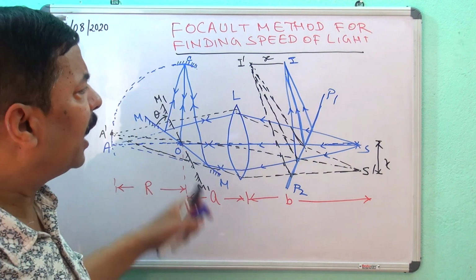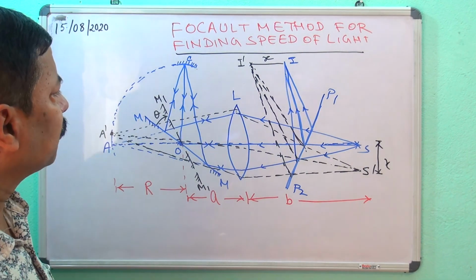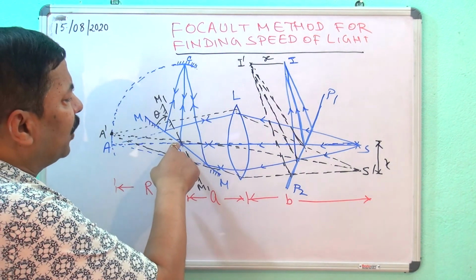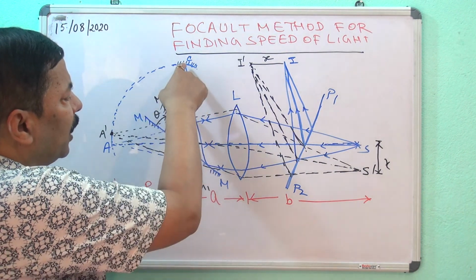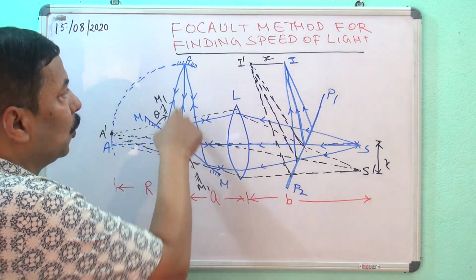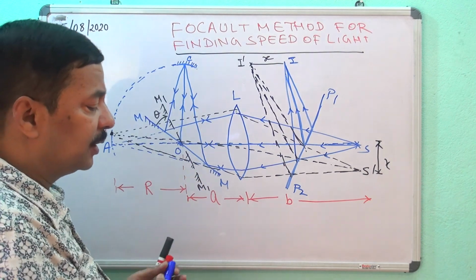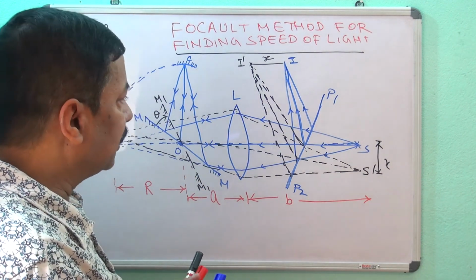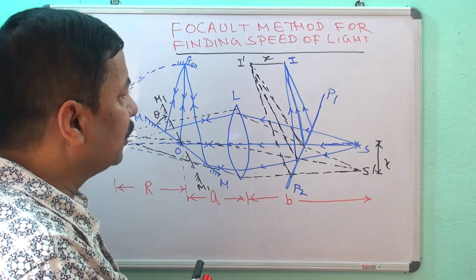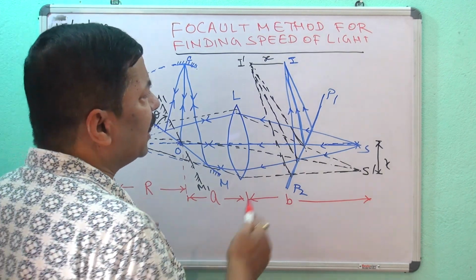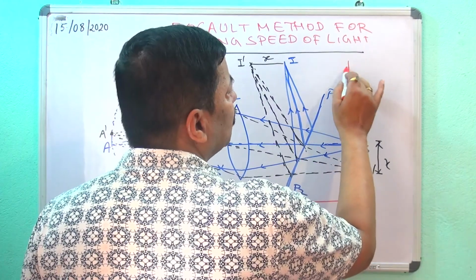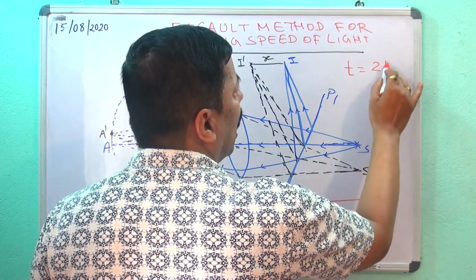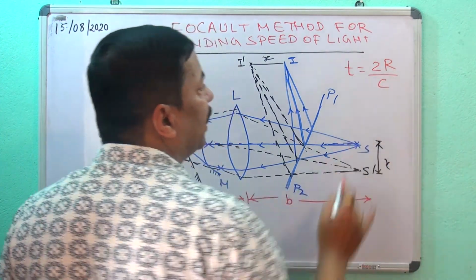Now here what I would like to tell you: the time taken by the light ray to go from O to C and back to O, if I calculate it, this time T must be equal to 2R by C. Why?